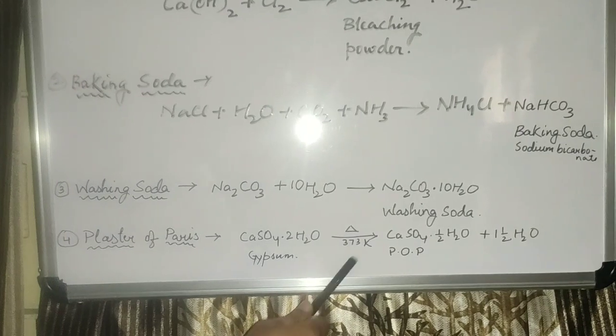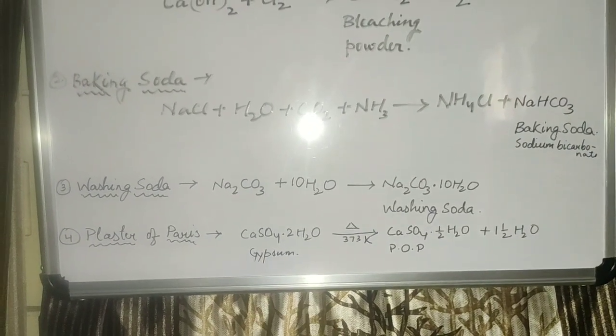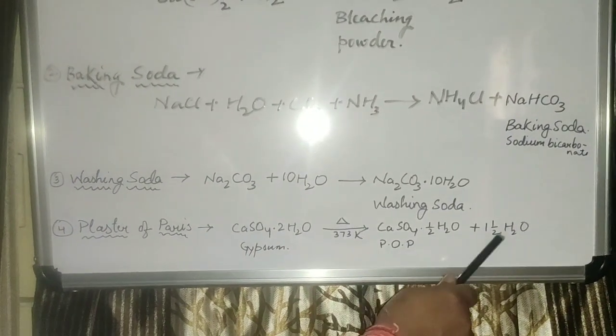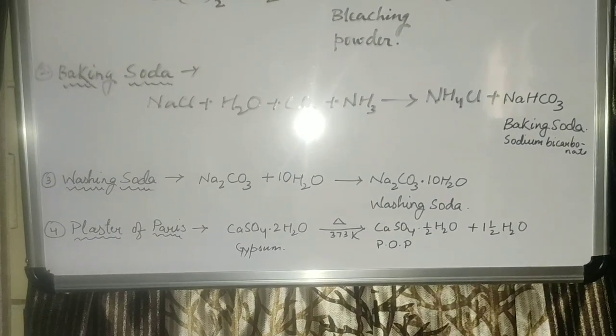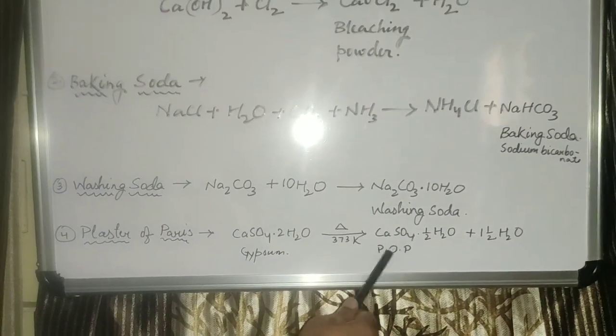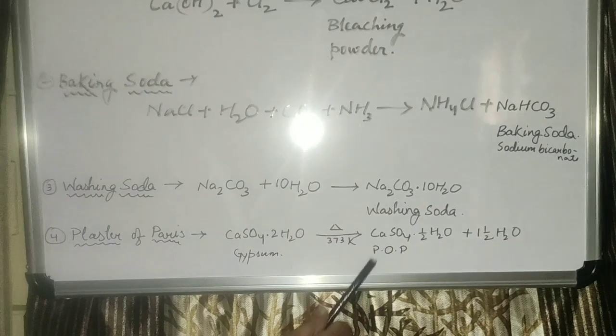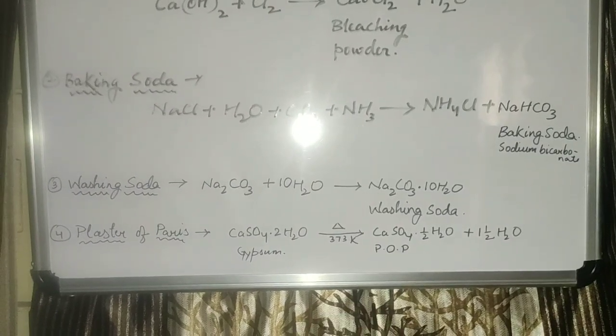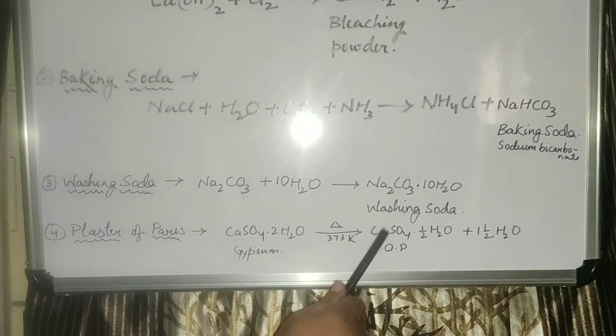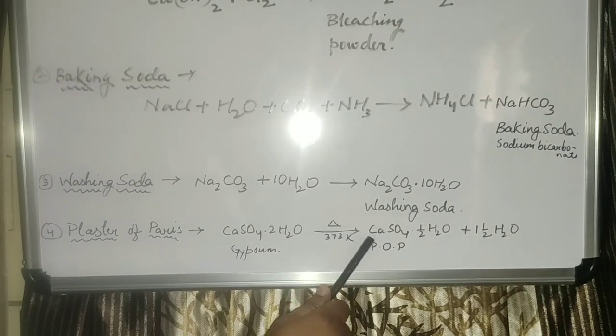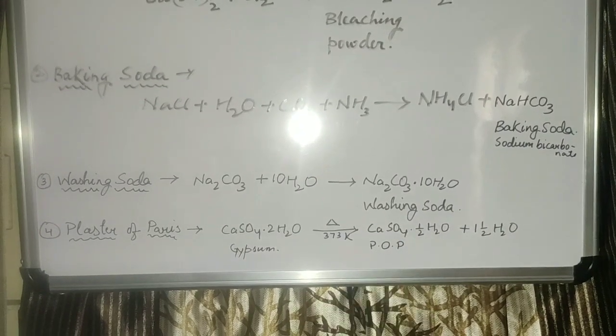When heated at 373 Kelvin, it loses 1.5 molecules of water to form the POP, that is plaster of Paris, whose chemical name is calcium sulfate hemihydrate.